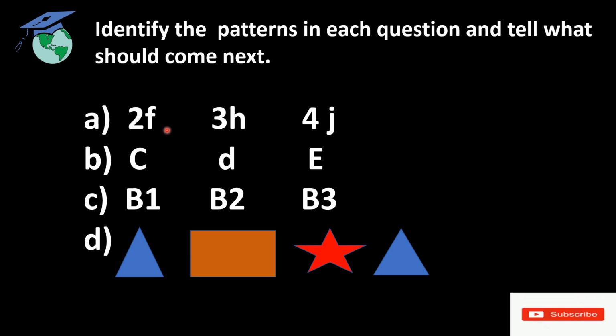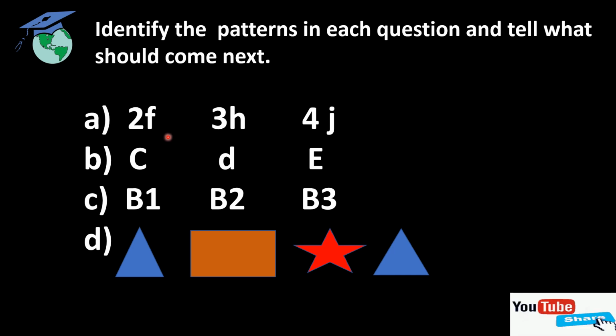Next we have to see the alphabet, because each number is having a partner, that is the alphabet partners. So F, after F, G is not there. That means after each alphabet we will skip one alphabet.